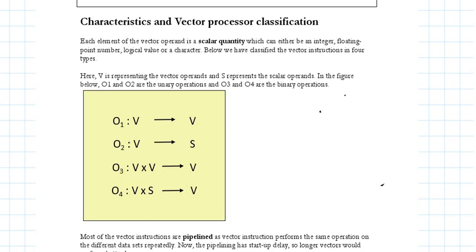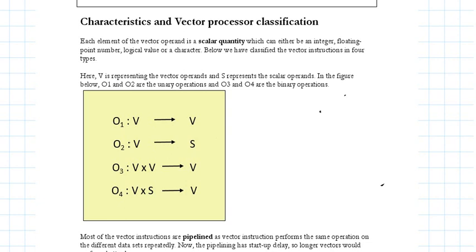That means where input is a vector, output is also a vector. That means if you map a vector to some other vector, then it is a vector to vector operation. Then a vector can be mapped to a scalar depending on the operation.